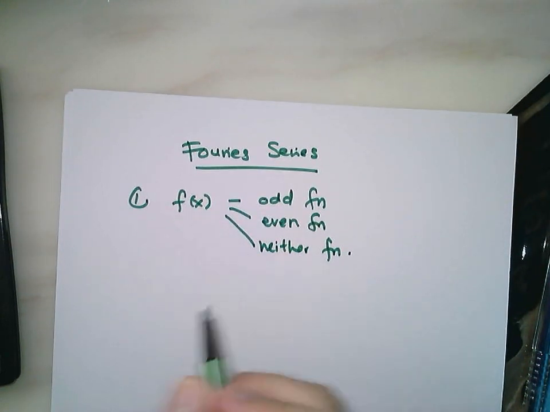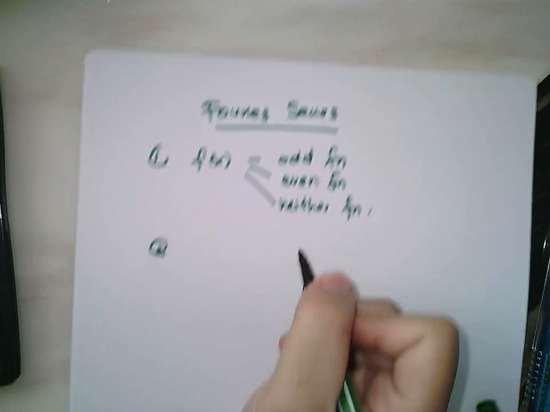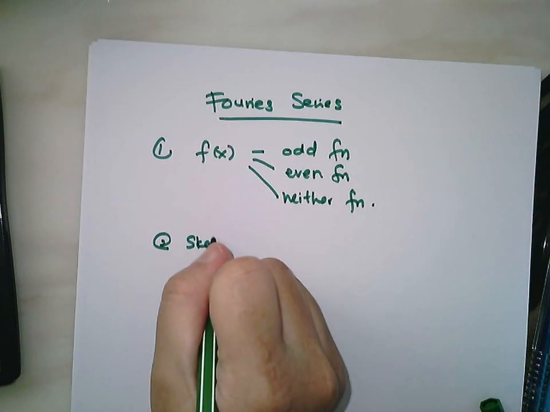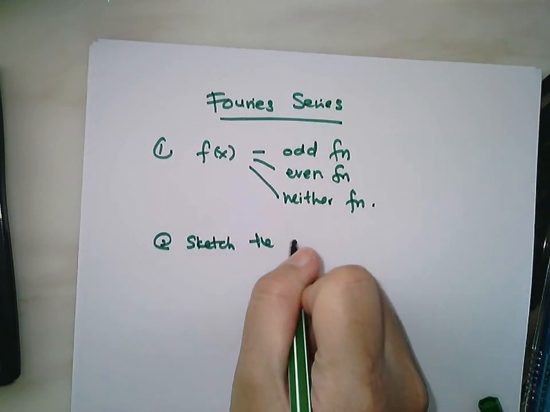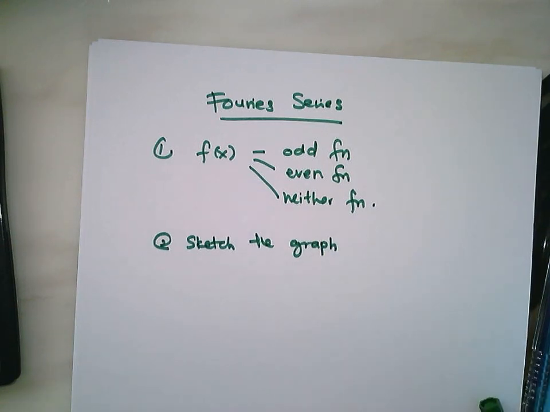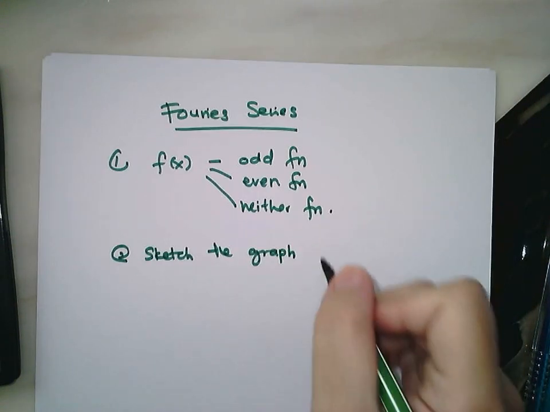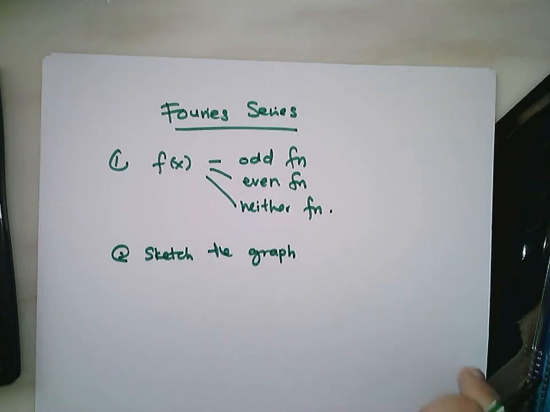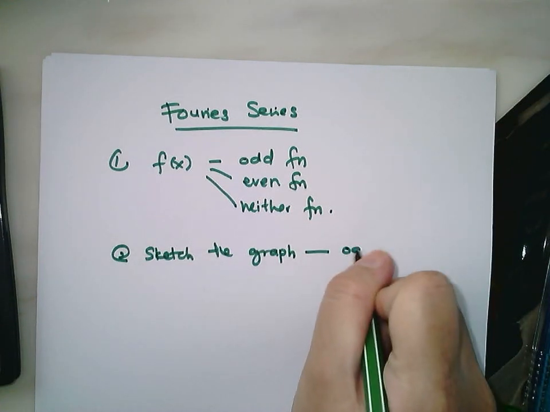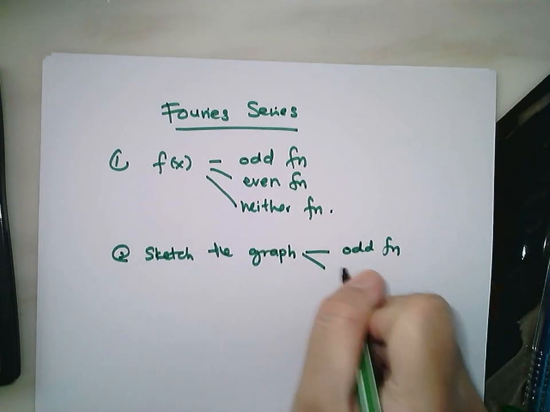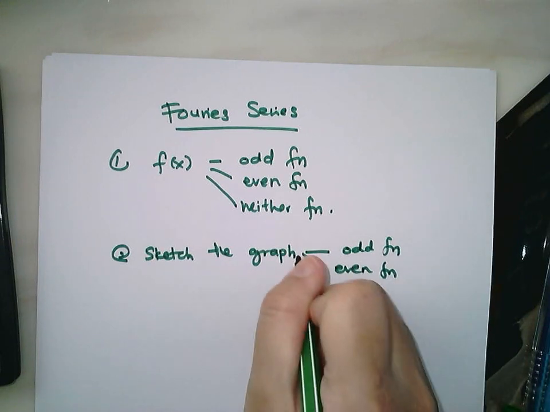Okay, the next one is we will learn on how to sketch the graph, and based on the graph you need to identify whether it is odd function, even function, or neither function.